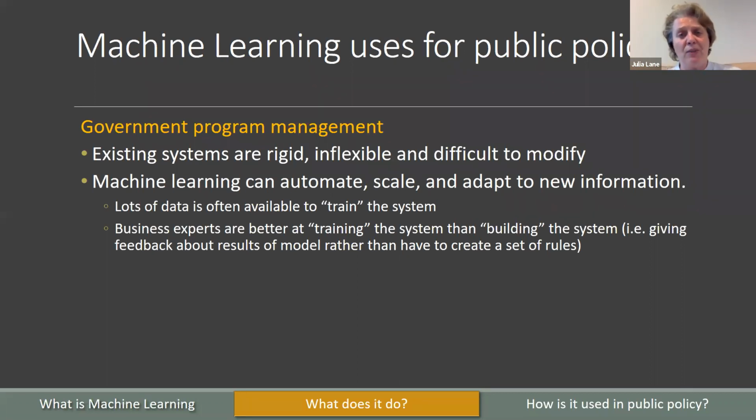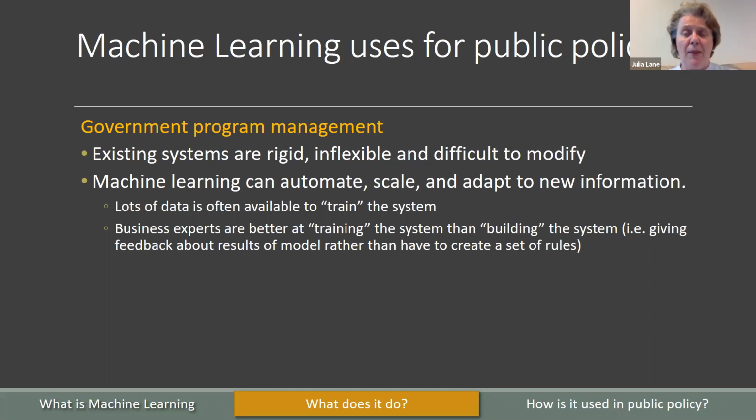So massive amounts of data that are generated from the administration of government programs. So administrative records, which might have millions of transactions on individuals, households, cases, people, can be used to train a model and generate rules automatically rather than just have to encode them.